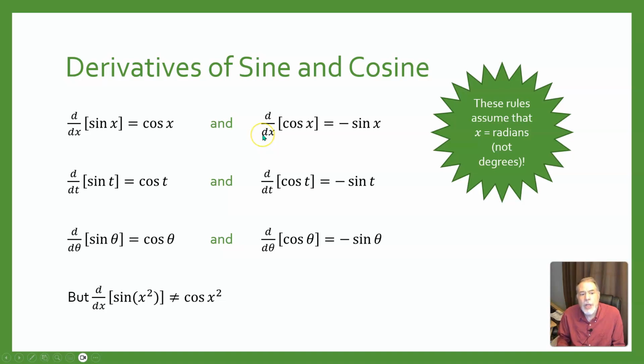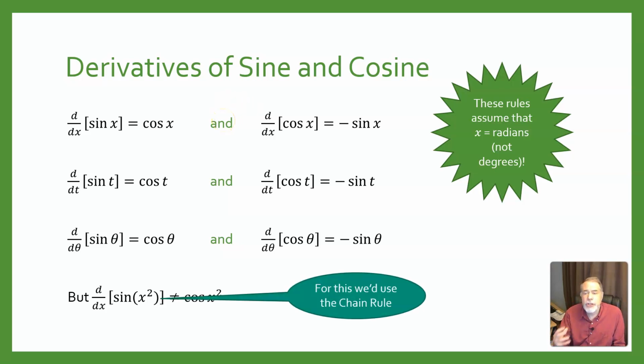So for example, the derivative of sine of x squared is not just the cosine of x squared, because there, what we're taking the sine of is not just the variable x itself, it's some more complicated expression, some function of x. So to figure out the derivative of the sine of something that isn't just x, we would have to use something called the chain rule, that I'm not going to be talking about in this video. It really deserves a video all its own.